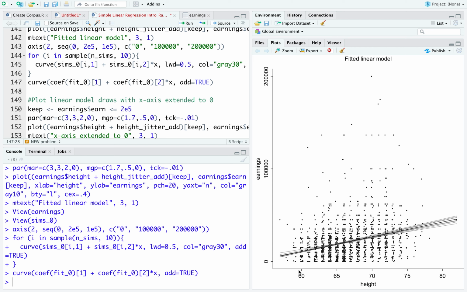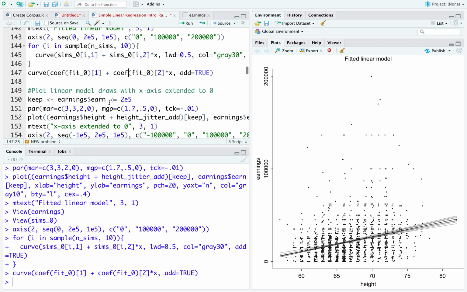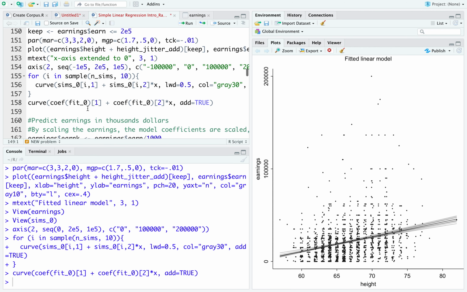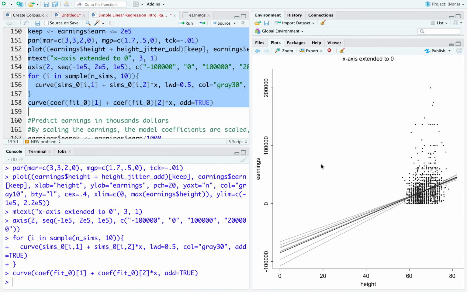We don't have what happens when height equals 0. Where is this? So let's extend the x-axis all the way to 0, so we can see where these regression lines hit the y-axis. And here it is. Right. So what's going on here?